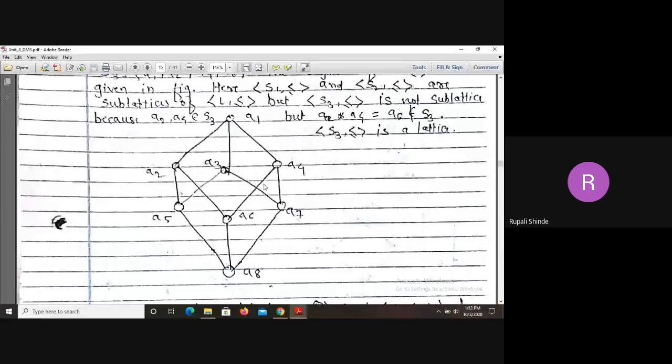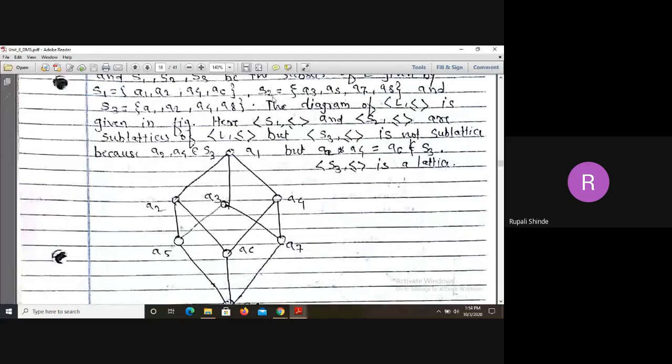Yes, present. So again, if you consider A3, A5 and A3, A7, the result of the meet and join operation is present in S2. So we can say that S2 is closed under meet and join operation. So S2 is a sublattice of the given lattice.